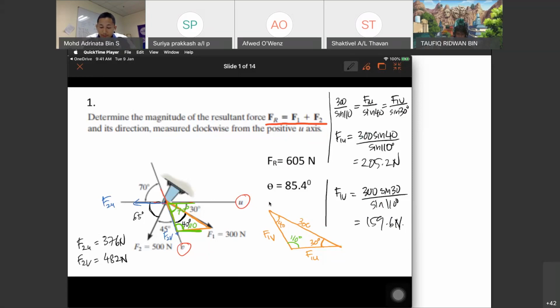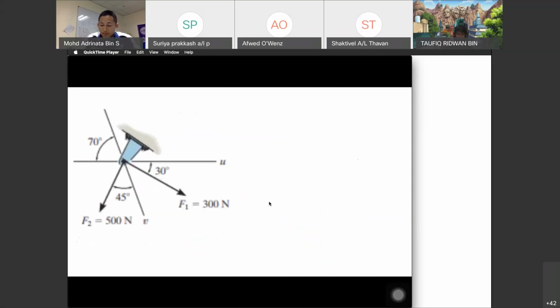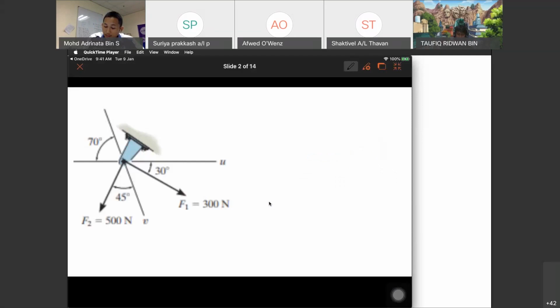Then you have F1U equals 205.2 and then F1V is 159.6, and then you have F2U equals 376.2 and another F2V equals 482.2.